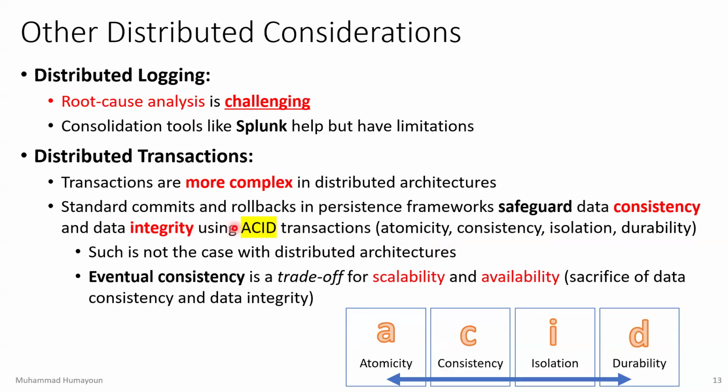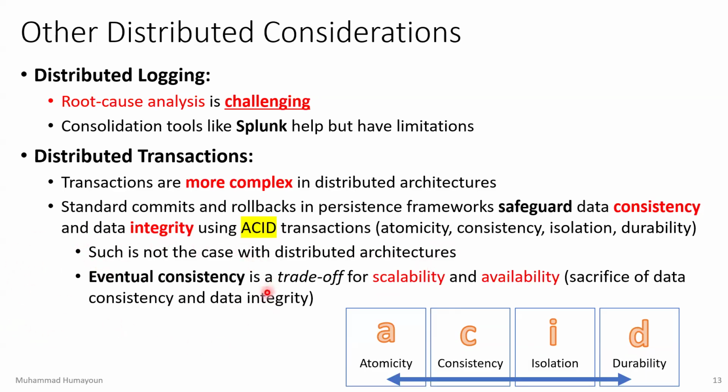Usually in distributed transactions, we give away these to gain scalability and availability. ACID transactions ensure consistency and data integrity of our systems. However, distributed architectures provide us eventual consistency.